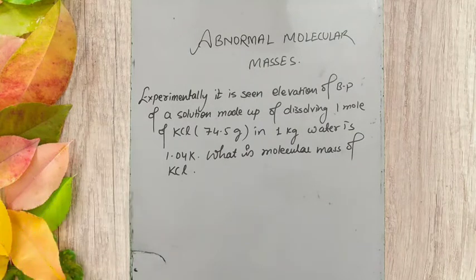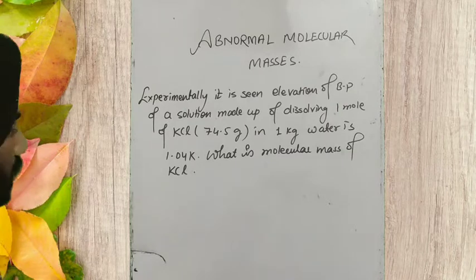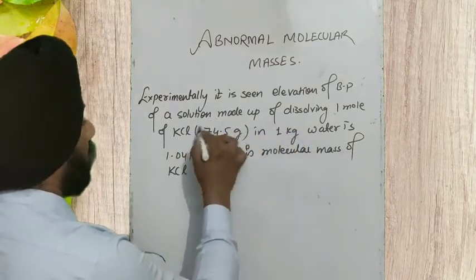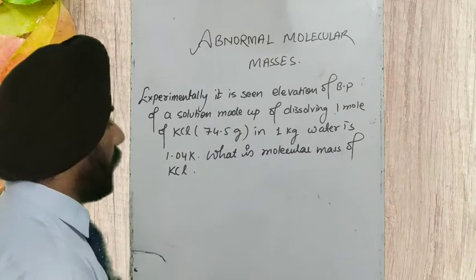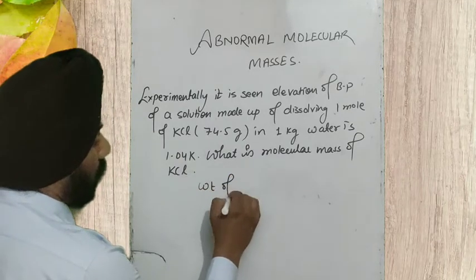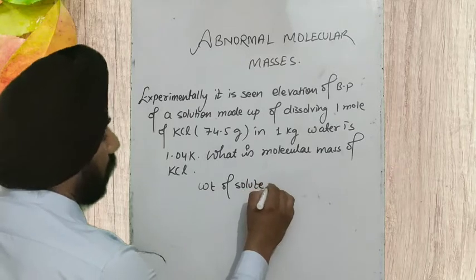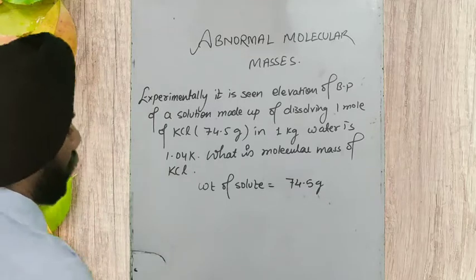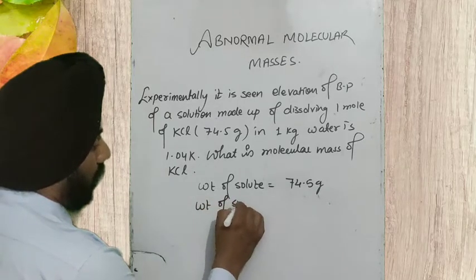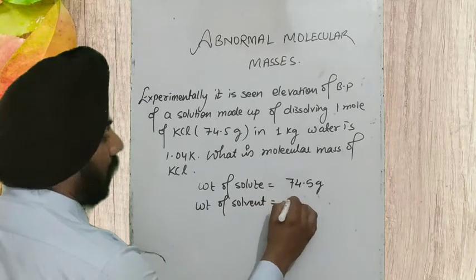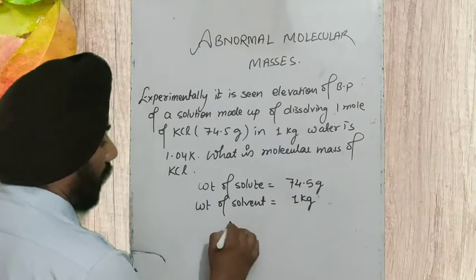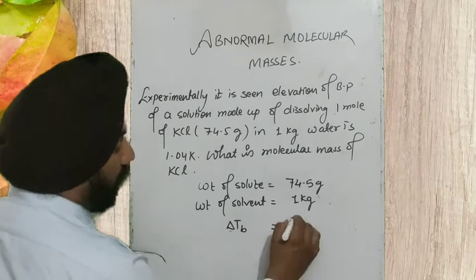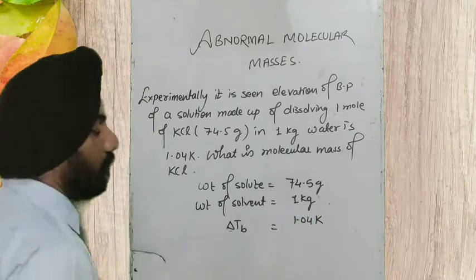We are going to calculate the molecular mass of KCl on the basis of elevation of boiling point, that is a colligative property. The weight of solute is 74.5 gram, the weight of solvent, water, is 1 kilogram, and the elevation of boiling point, delta TB, is 1.04 Kelvin.